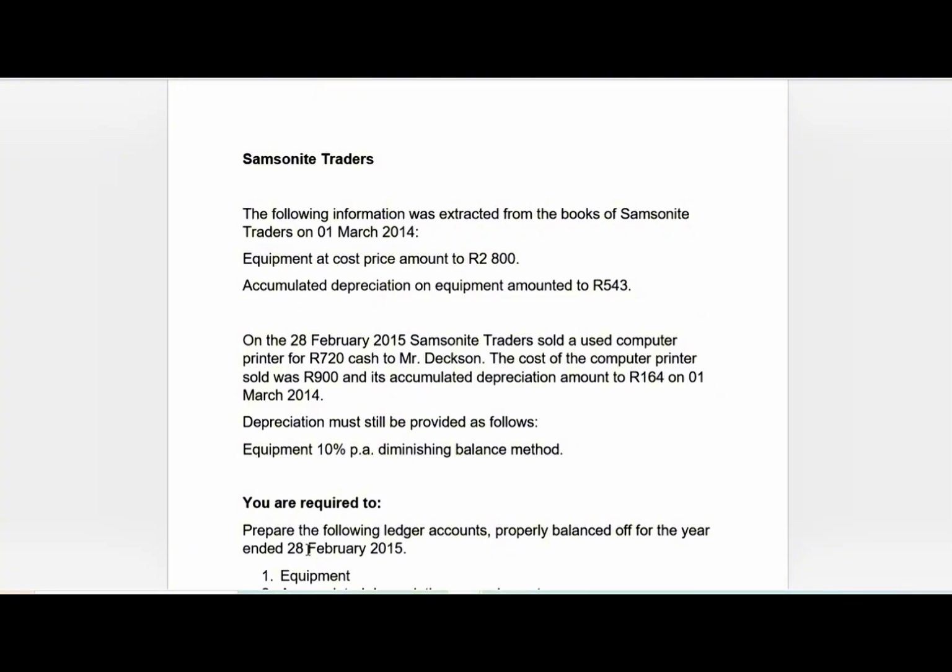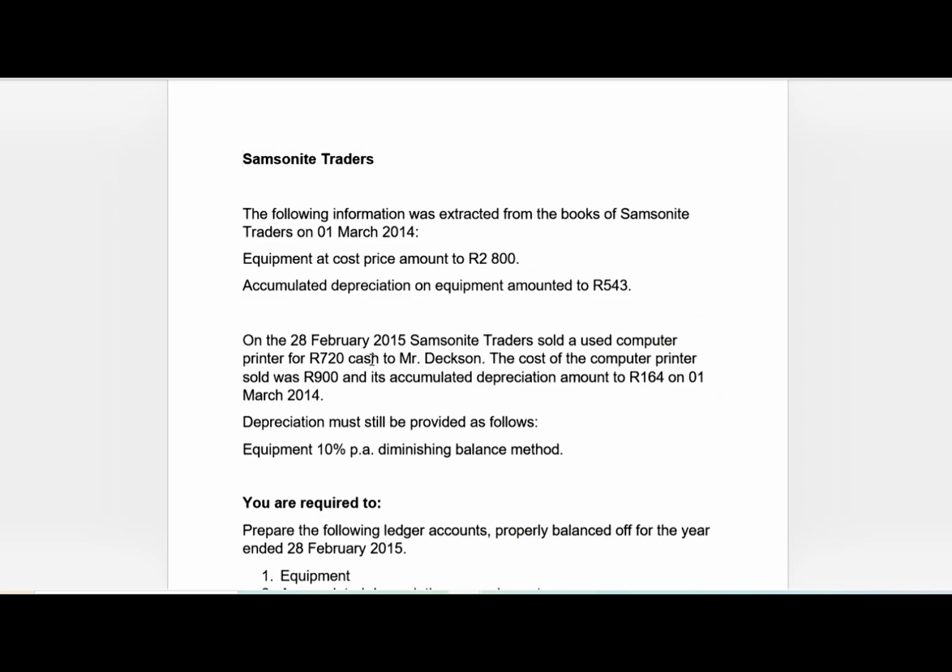Samsonite traders. The following information was extracted from the books of Samsonite traders on the 1st of March 2014. Equipment at cost price amount to 2,800. Accumulated depreciation on equipment amounted to 543. On the 28th of February 2015, Samsonite traders sold a used computer printer for 720 cash to Mr. Dexon.